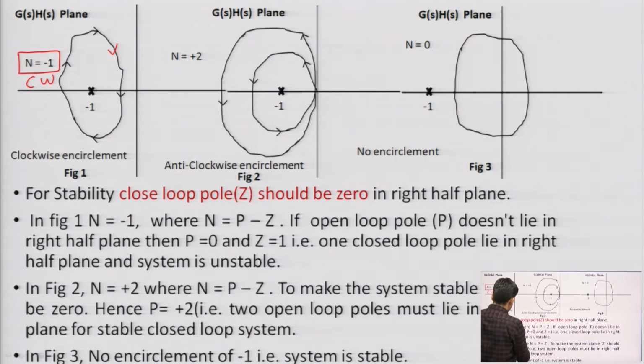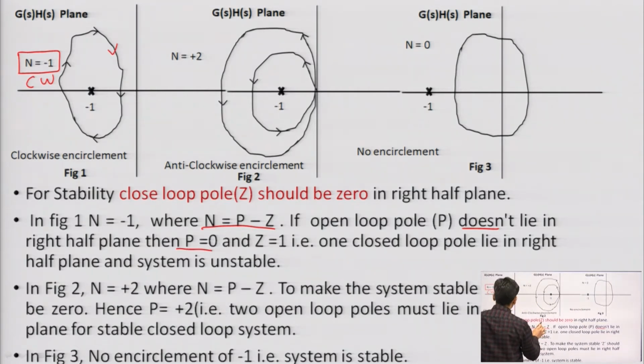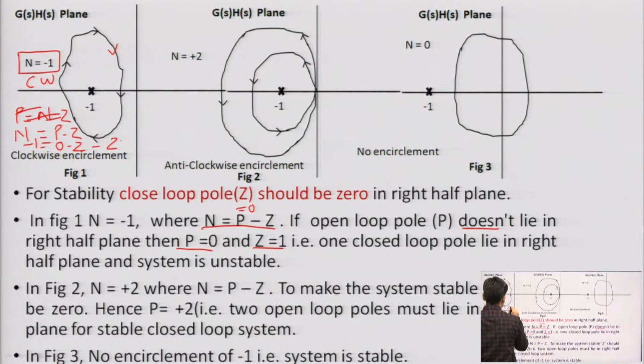When N is equal to -1, N is given by P minus Z. If the open loop pole does not lie in the right half plane, then P is equal to 0, and we calculate the value of Z. From N equal to P minus Z, with P equal to 0 and N equal to -1, we can say Z is equal to 1.